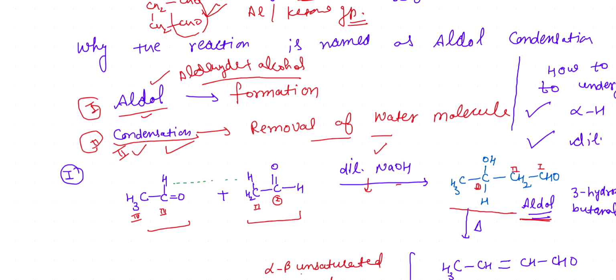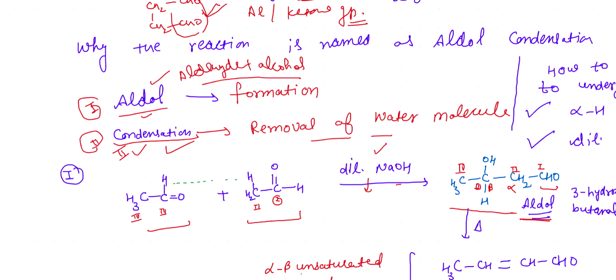This is your fourth carbon. Clear? Okay. The first is the aldehyde group and the third is your alcohol group. That's why it is aldol. And this is your alpha carbon and this is your beta carbon. The alcohol group is present at the beta position.